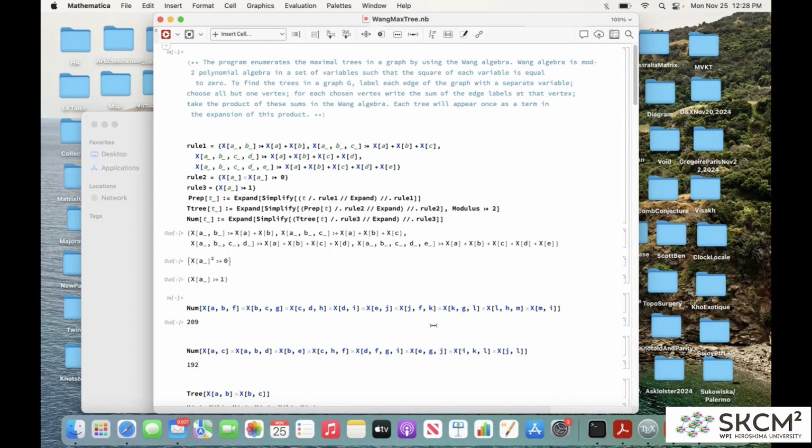The edge names are X bracket A, X bracket B, and so on. So I've told the computer how to turn each vertex, that being the name of the vertex, into a sum of labels. And then I have that a label multiplied by itself is 0. And then I also have another rule which will take a label and turn it into a 1, because at the very end of the process, if you turned every label into a 1 and added these numbers up, not mod anything, then you would get the number of trees.